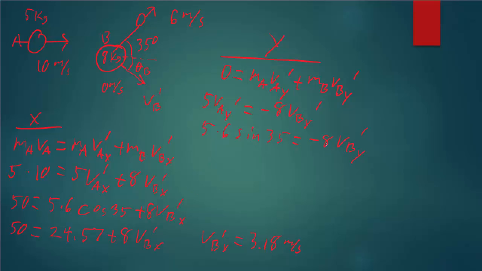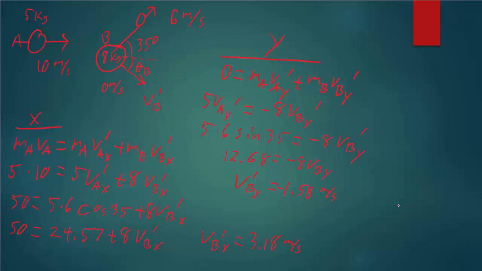Now I can do the same thing here. This is going to work out to be 12.68 equals negative 8 VBY prime. VBY prime is going to work out to be negative 1.58, the way we have it set up.